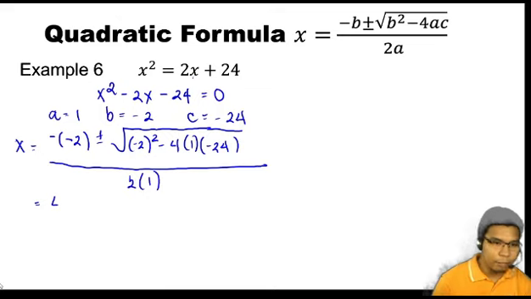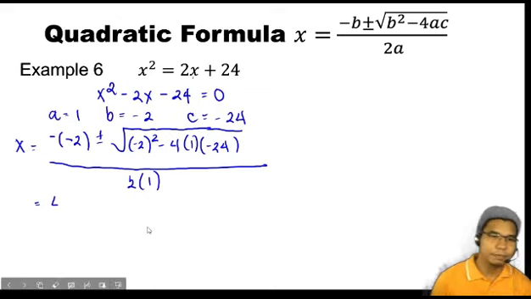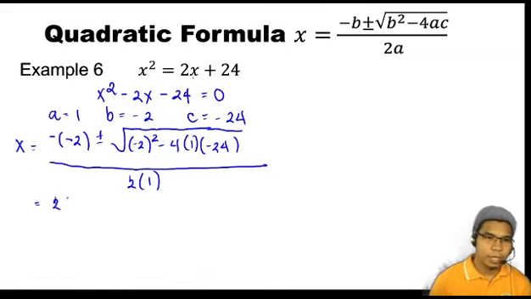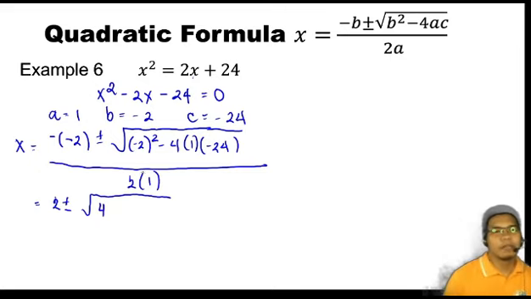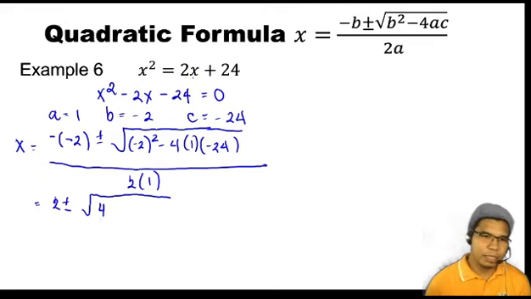Sorry. We have positive 2. Burahin ko lang. Okay, so we have positive 2 plus and minus square root of negative 2 squared is 4. And then we have negative 4 times 1, negative 4. Negative 4 times negative 24 is positive.